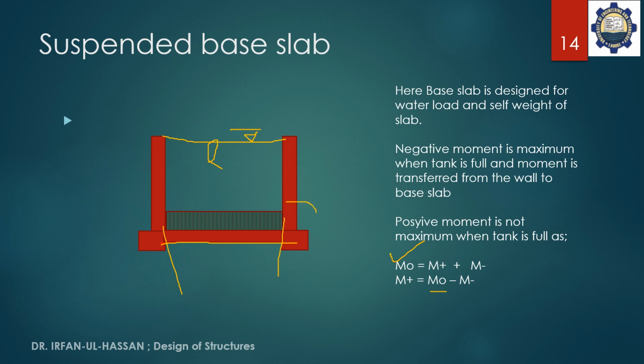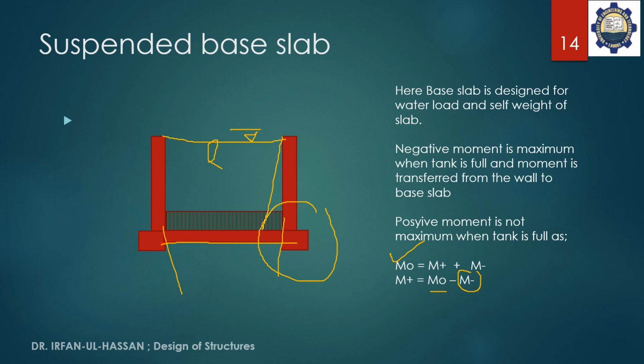You can take the M negative from the wall, which is transferred from the water load and developed on these walls. Like you are designing the shorter span of the base slab, the longer wall negative moment can be subtracted from that.